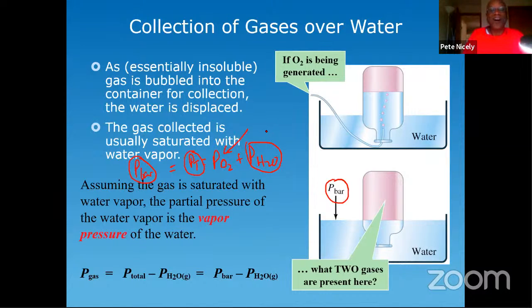Now, you might be asking, how do we determine the water vapor pressure, right? Well, there are actually tables that are provided which give you the vapor pressure of water at different temperatures. And if I'm not mistaken, I think I've posted, let me check. Okay, screen sharing has stopped. Let me go to Canvas. Let me go to files and let me go to tables.